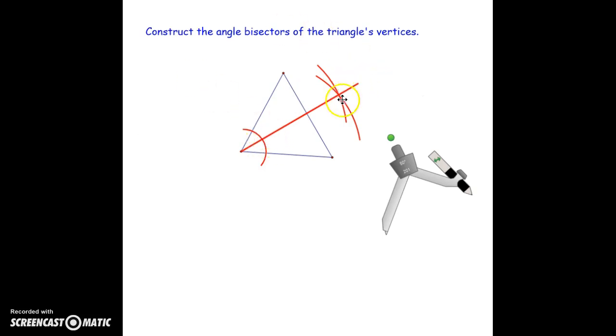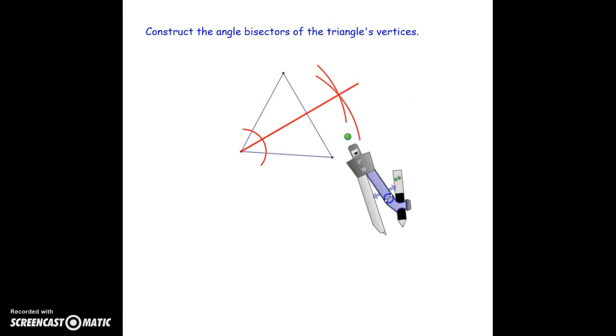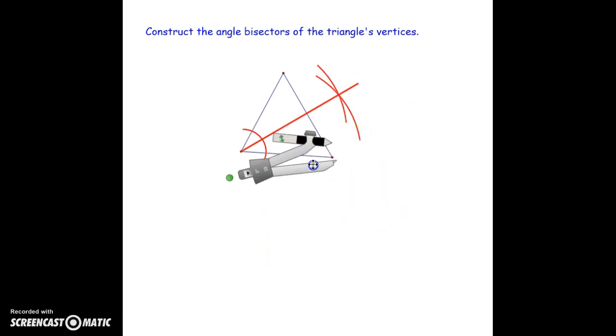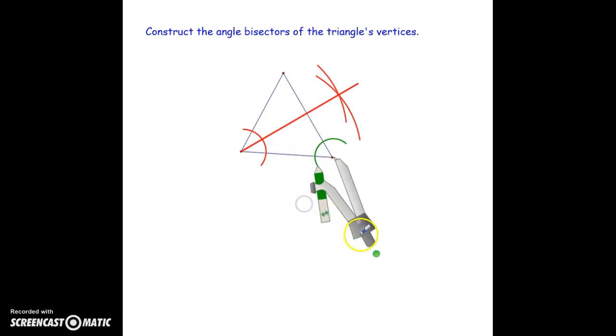Now if you don't like it going way outside your triangle, you can certainly do it on the inside as well. It'll just be a little bit more lines to look at because they will start to intersect each of the different angles that you do. So here's another one. This one I'll keep on the inside.